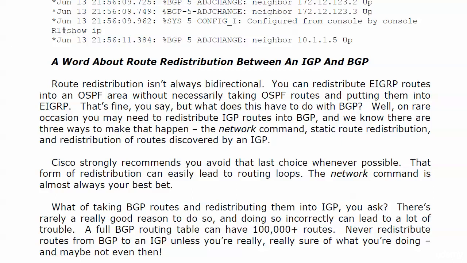You'd have a real mess. And there have, over the years, been problems with that happening. You never redistribute routes from BGP to an IGP unless you're really, really sure of what you're doing, and maybe not even then. So that quick word about route redistribution wraps up our look here at BGP.